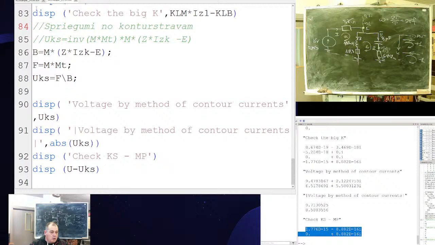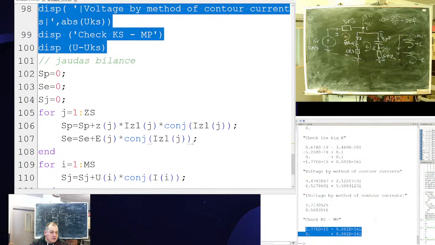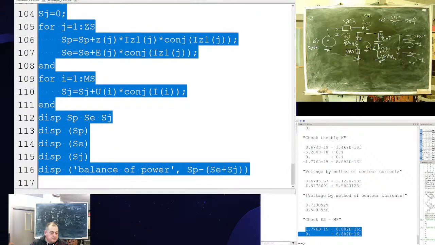And now one tricky moment. Balance of power. When we need a power, here balance of power, power supplied by the generator should be equal to the power dissipated by resistance.